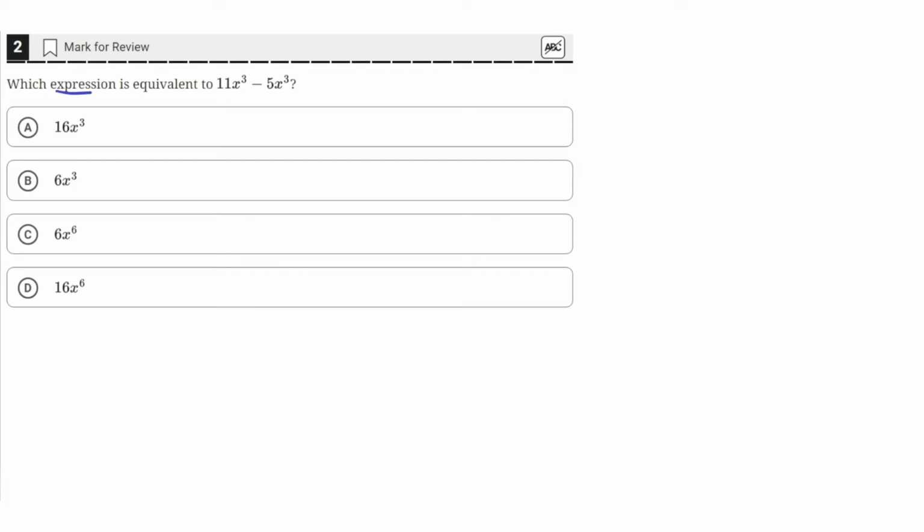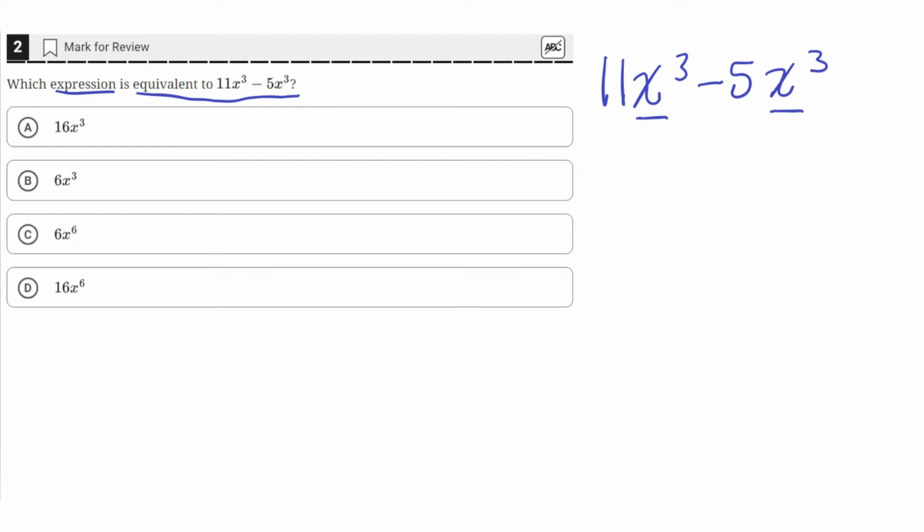Which expression is equivalent to 11x cubed minus 5x cubed? So we have this expression, 11x cubed minus 5x cubed. And we can simplify this down by noticing that these are like terms, since they both have an x cubed term.